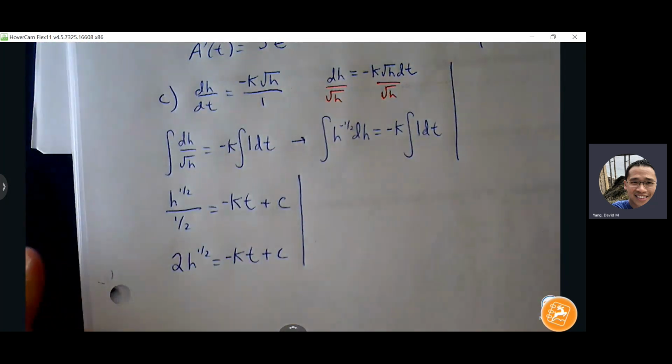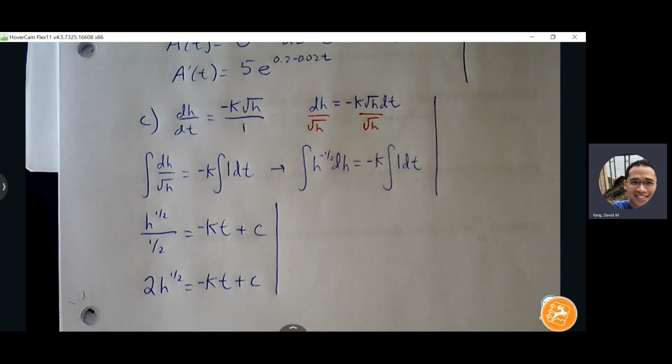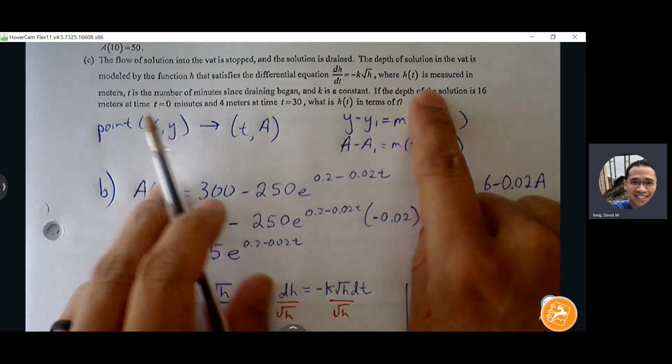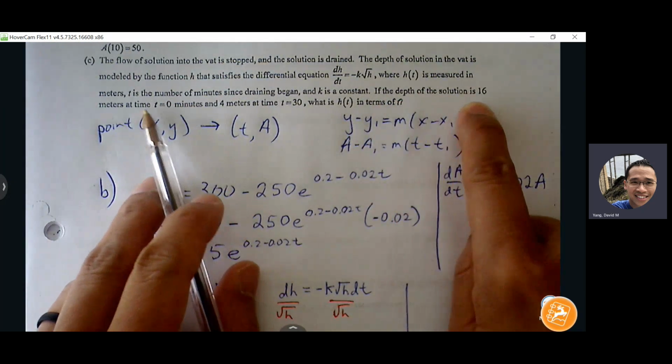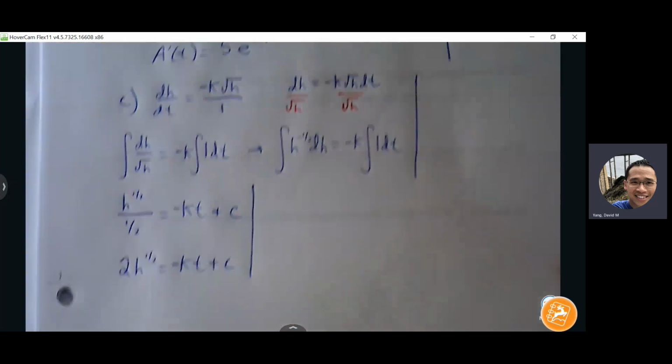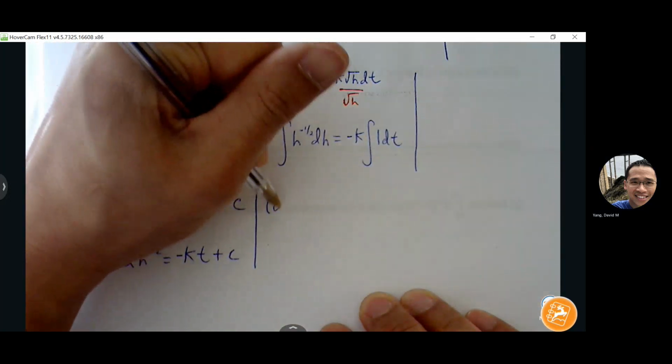Let's just see what ordered pairs we have, and depending on which is more convenient, we'll solve for whichever variable or value will be easiest to solve first. Okay, so it says that the depth of the solution is 16 meters at time t equals 0. So we know there's a 0, 16 that we can work with.